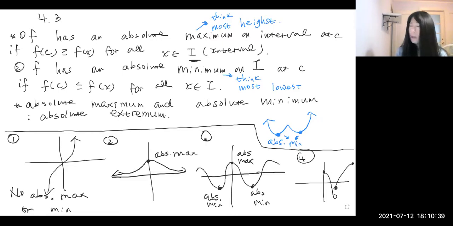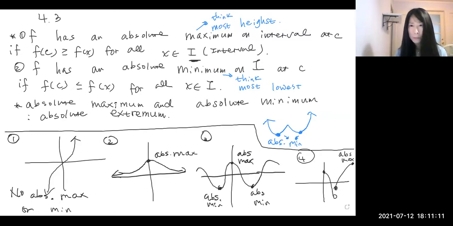So what do you think? Is there absolute maximum? Yes. Maximum is the right side, right? So because I draw differently. So this is the absolute maximum. How about minimum? I think still, so there is absolute minimum.